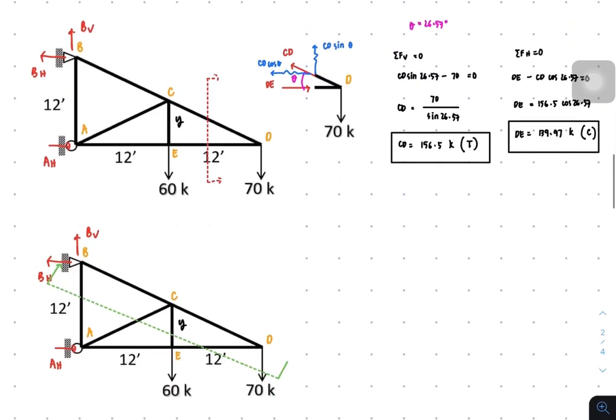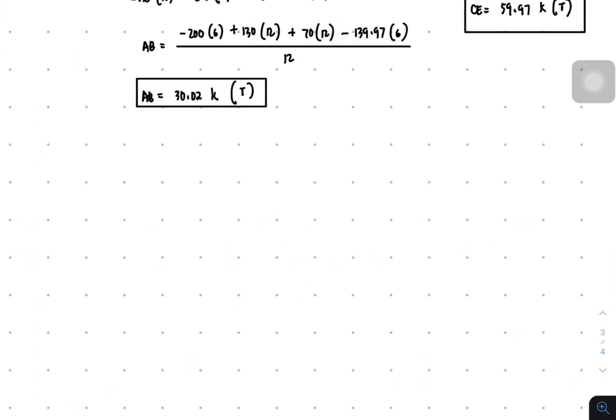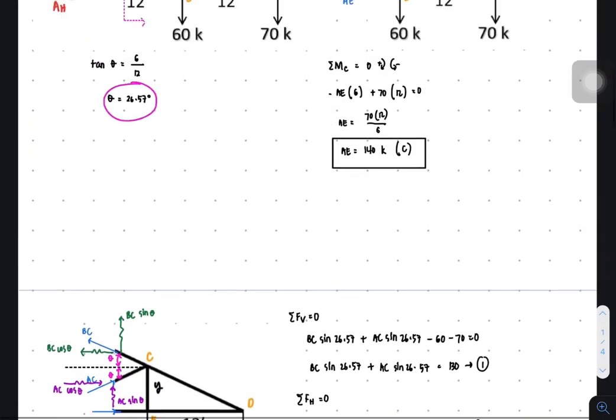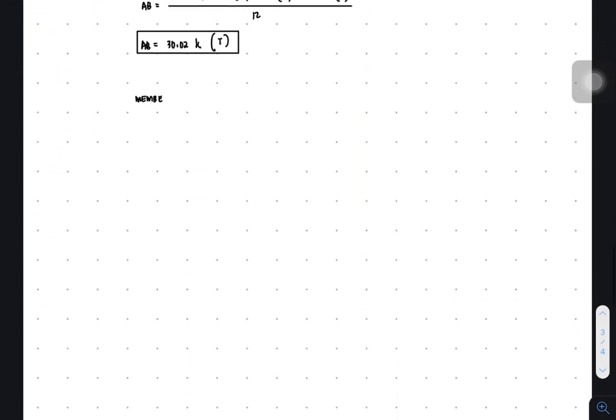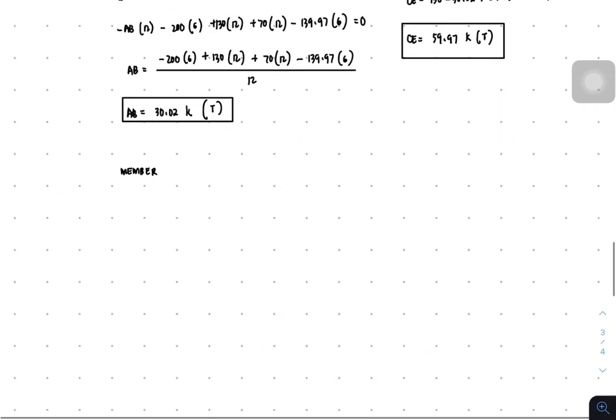So let's proceed in writing the table. So we have here, remember, 1, 2, 3, 4, 5, 6, 7. Okay, 7 members.